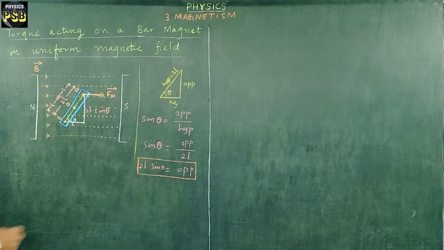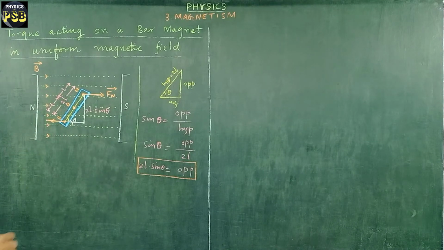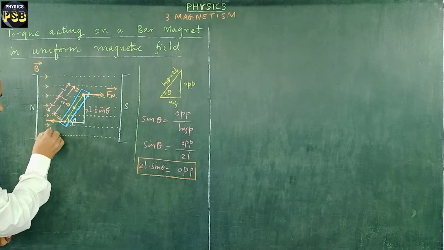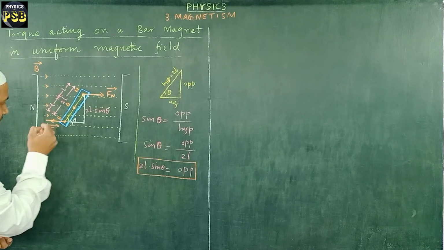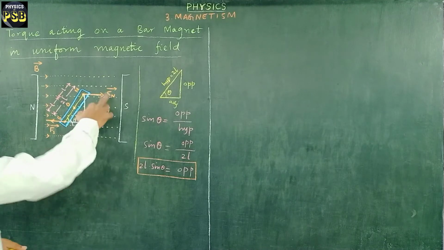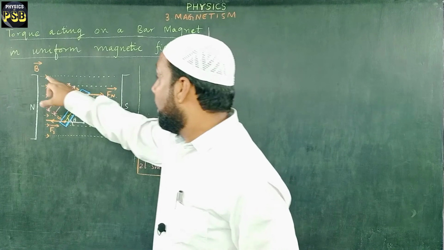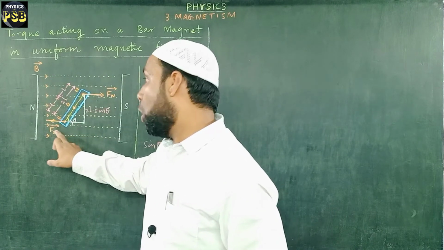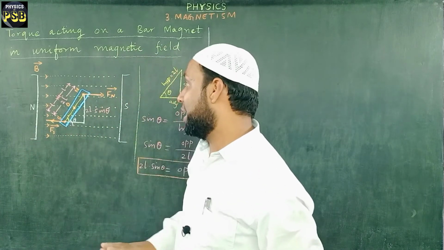And this acts in this direction. I name this force Fs vector. It acts in this direction, opposite to Fn vector. Here, the force Fn vector acts in the direction of the uniform magnetic field, whereas Fs vector acts in the opposite direction of the uniform magnetic field. It is obvious from the diagram.